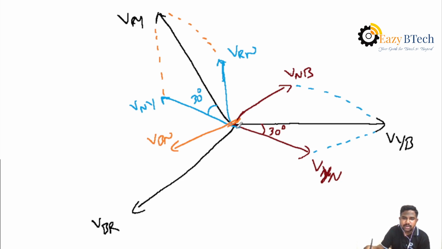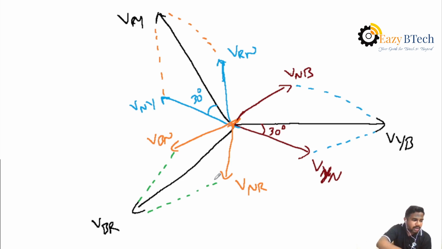Already we know VRN is there, and that VRN also will be reversed, so we obtain VNR. Hence, the vectors should be added, and then you will get the line voltages. Okay, like that we can develop the phasor diagram of any three-phase system.